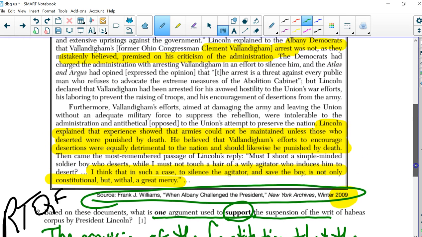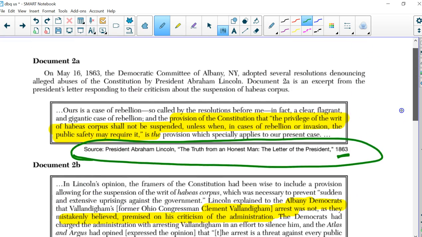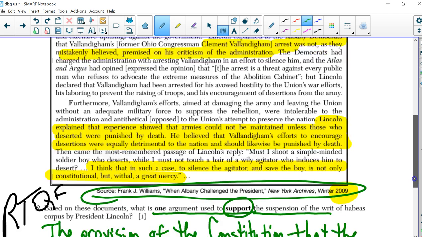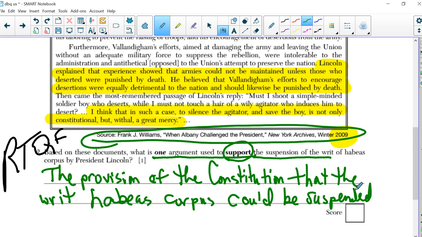Let's see if I can find it on here, because I always spell it wrong. I don't want to spell it wrong on a video. Habeas. Provision that constitutes writ of habeas corpus could be suspended.